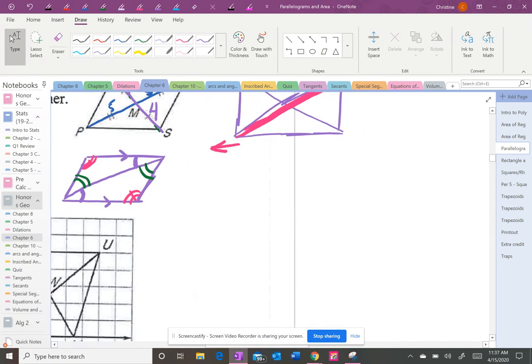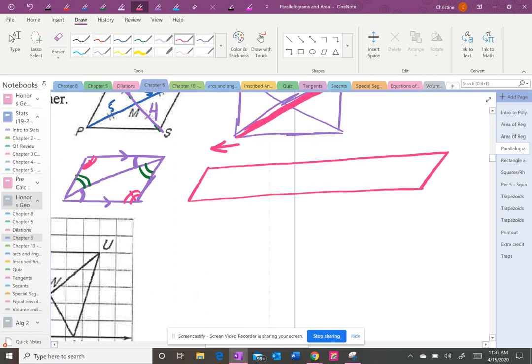Usually you can see that a little bit more easily if the parallelogram was super stretched out. Let me use an actual line here. All right, that didn't work. Oh, go there. Come on.